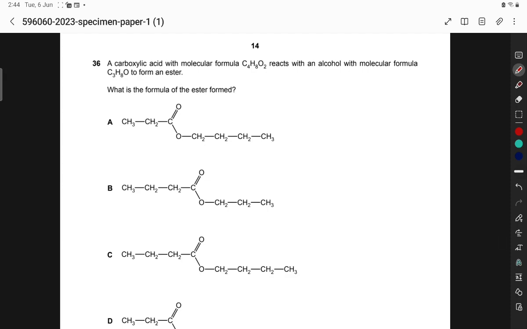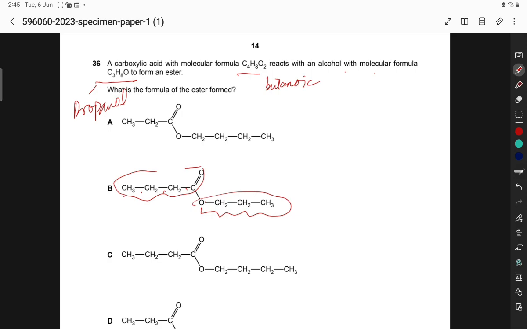A carboxylic acid with molecular formula C4H8O2 reacts with an alcohol with molecular formula C3H8O. This is butanoic acid and this is propanol. The compound should be propyl butanoate. This is butanoate and this is propyl, so this option is correct.